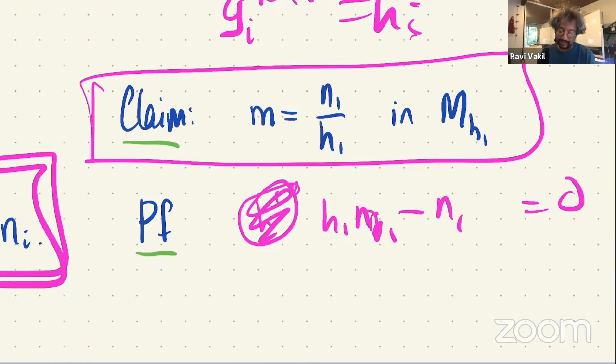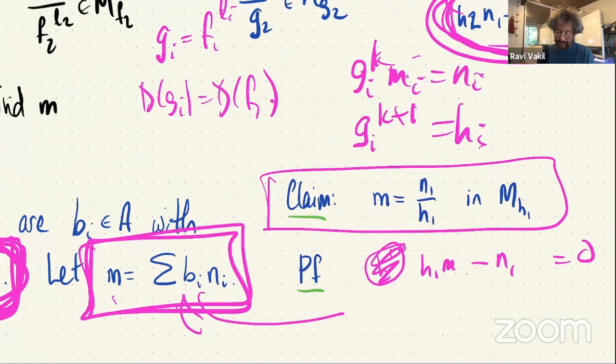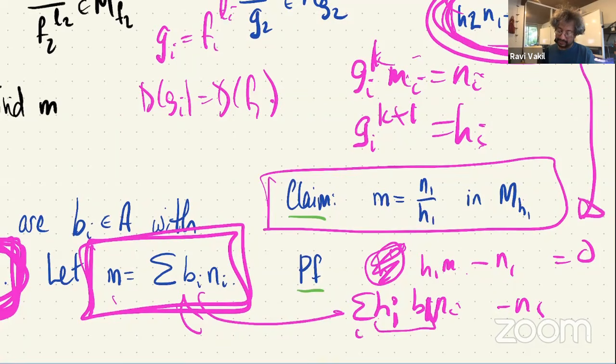So let me make this more readable. But I said that m was this thing here. So I have h1 times the sum of bi ni, minus n1. But h1 times bi is equal to hi times b1 by our gluing condition. And now I can take out the, no, I screwed that up. Sorry.